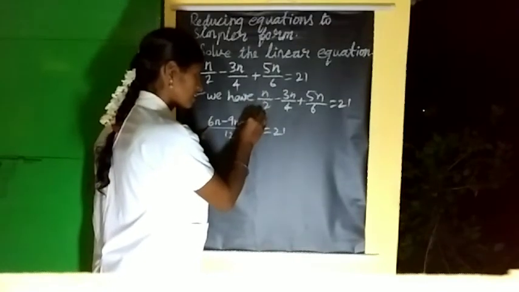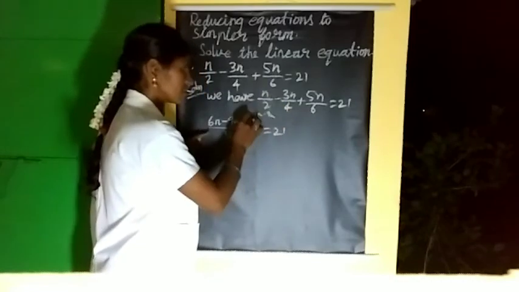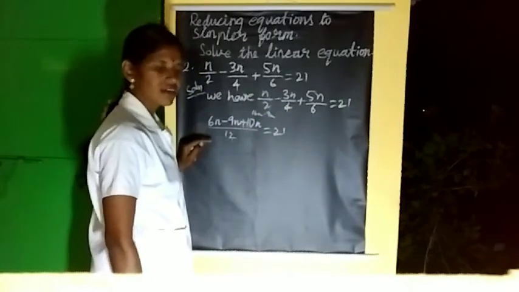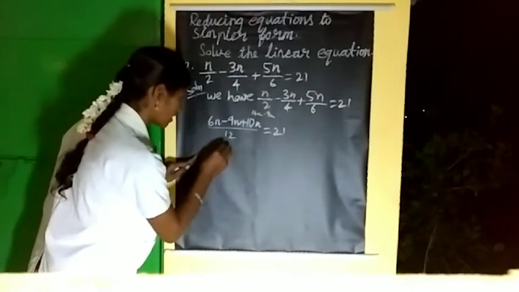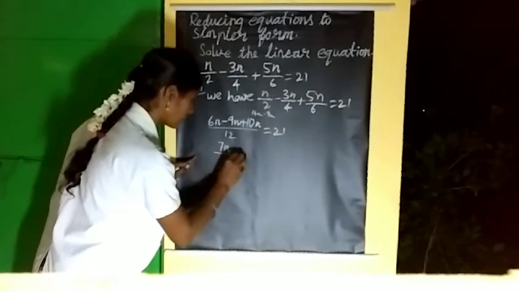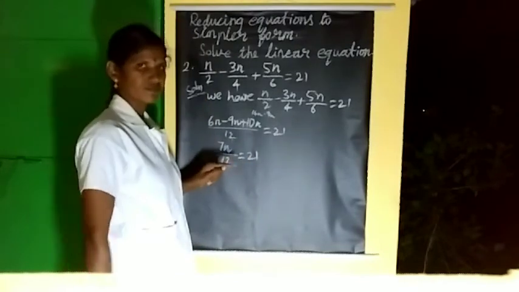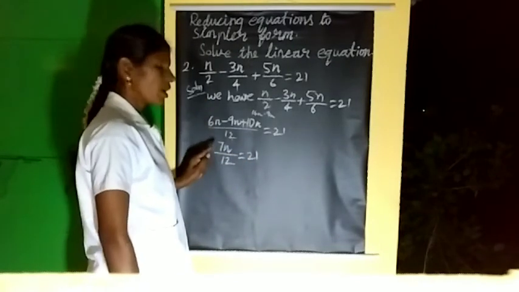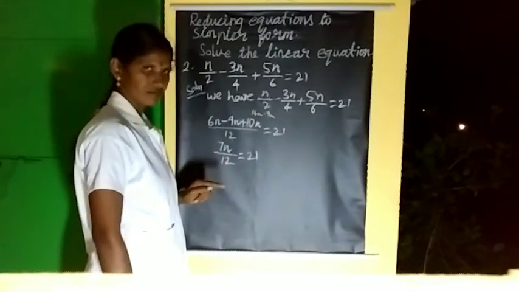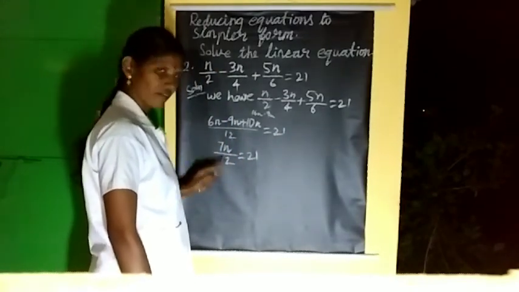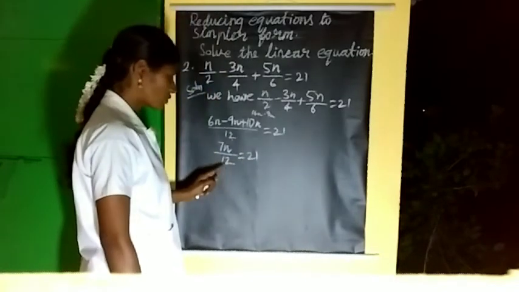Okay. 16n minus 9n. 16 minus 9, what is the answer? 7n. 7n divided by 12 is equal to 21. Okay. Now multiply both sides by 12 by 7. Then only this 12 and 7 will cancel. Okay. Multiply both sides by 12 by 7.